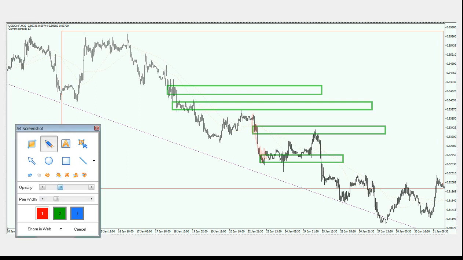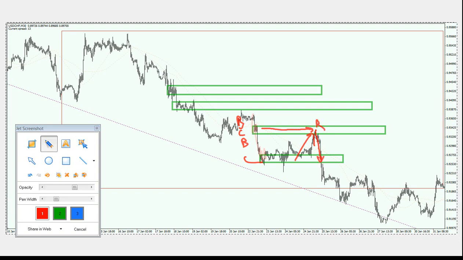All right, so we've got boost, consolidate, boost, consolidate, right? And in this instance, what happened is that the price pulled back to the first consolidation area, and that consolidation area acted as resistance, and the price ended up breaking down, right?